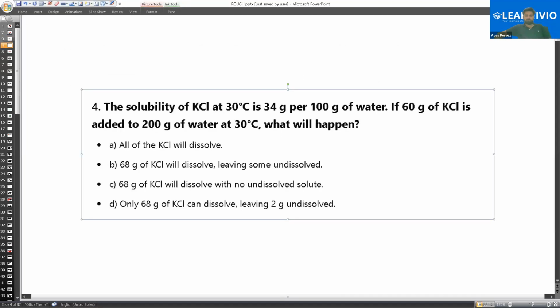Which is the correct option here? Tell me what is the correct answer.